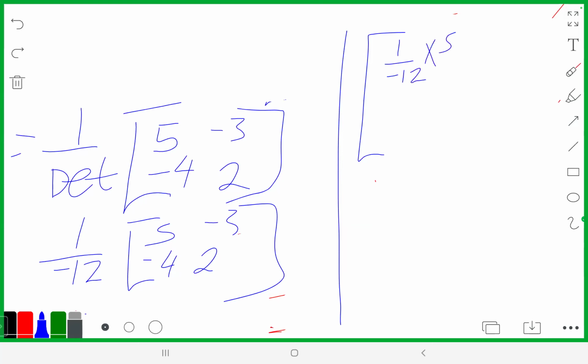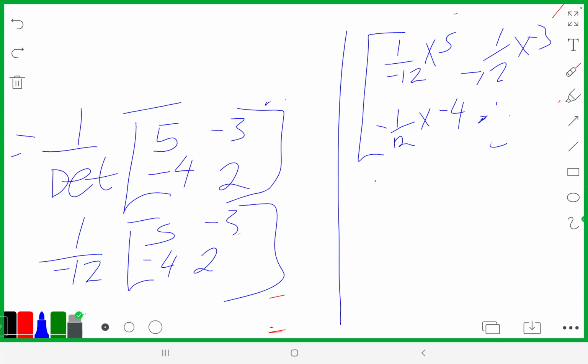And again, 1 over negative 12 times negative 3. Again, 1 over negative 12 multiplied by negative 4 here. And again, negative 1 over 12, which is the same thing as the negative putting it down.